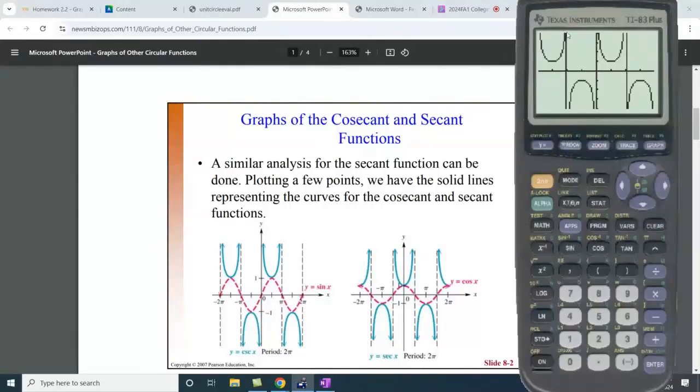So what's happening is it's taking a point. If I read this from left to right, as I first read it, notice it makes this U shape. So what the calculator is doing is it's taking this point at the very, very top and it's connected to the point way, way down here. Right? These vertical lines are actually called asymptotes. They're not a part of the graph.